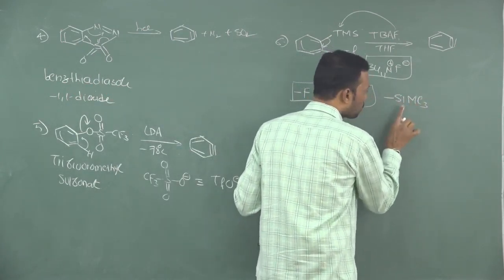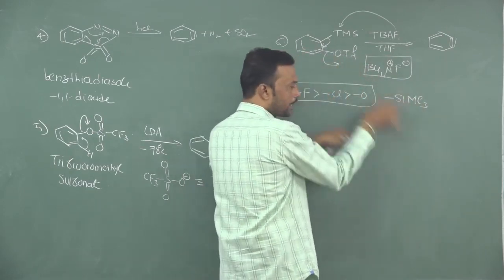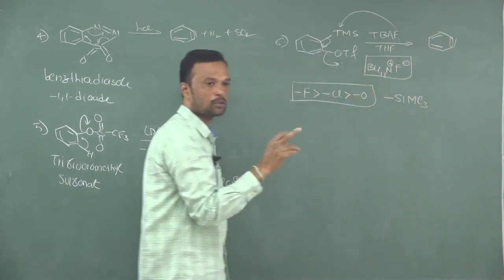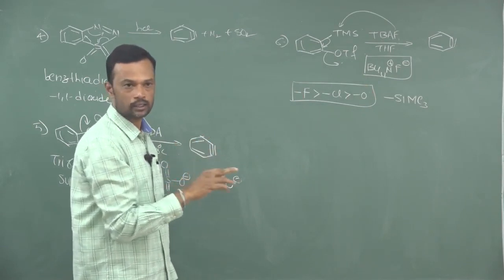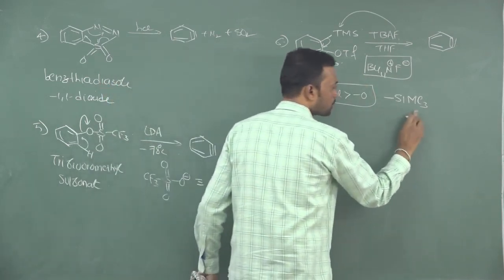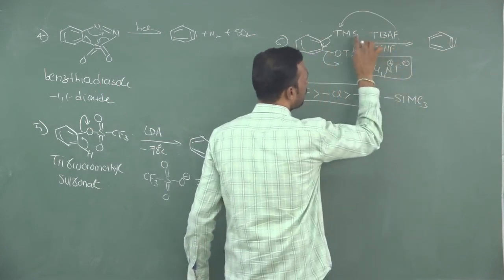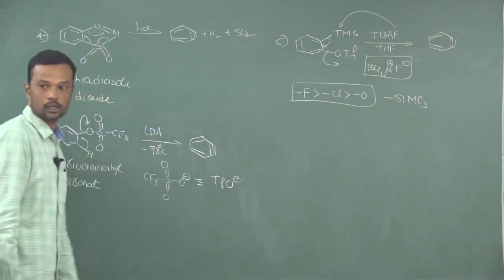If this particular group is present anywhere, it is a target for fluorine. Fluorine will directly attack silicon and break this bond, and it is removed as trimethylsilyl fluoride, trimethylsilanol, like that. Some selective fragments are going to be removed here. So this is called TMS, trimethylsilane.